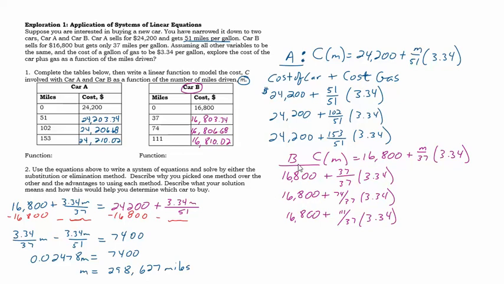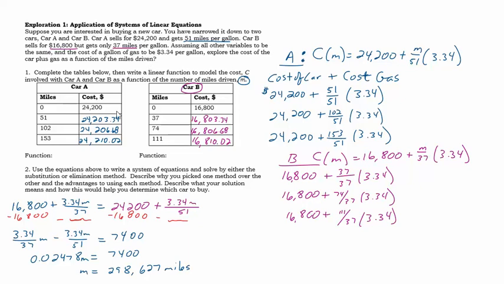And we're only comparing two costs here, right? The cost of the car and miles. There's other costs, maintenance costs and things that go with cars. But if you're thinking about, hey, I'm going to buy this car because it gets more miles per gallon, so I'm going to save money. It costs $24,000. Or I could buy the less expensive car, but I'm going to have to pay more for gas because I only get 37 miles per gallon.